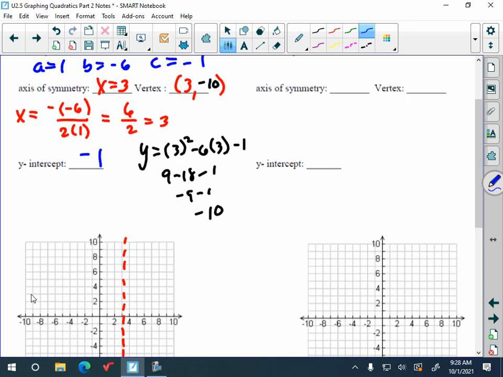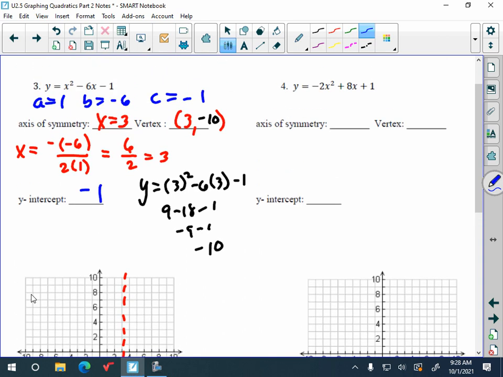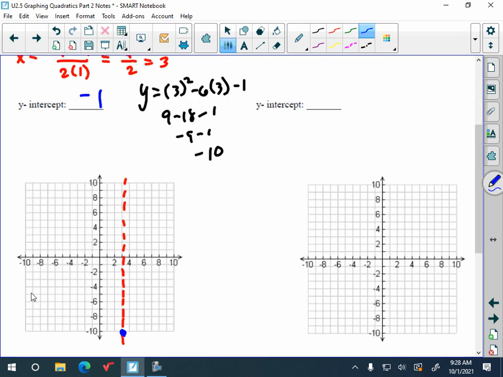All right, the graph is pointing up. So we're going to go up 1, left 1, up 1, right 1. The y-intercept is negative 1. Use symmetry. Let's see, 1, 2, 3, 1, 2, 3 units away, so we're down there.